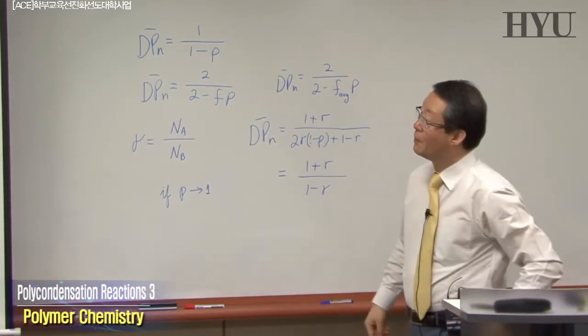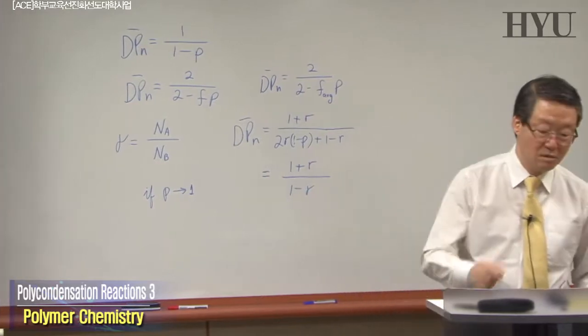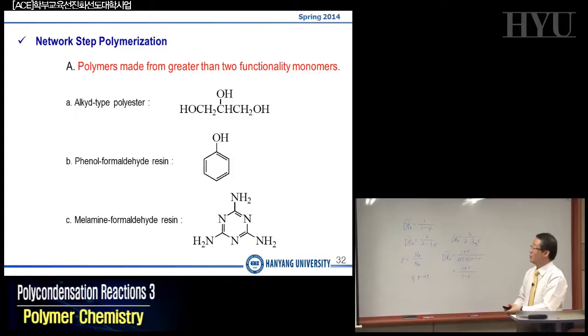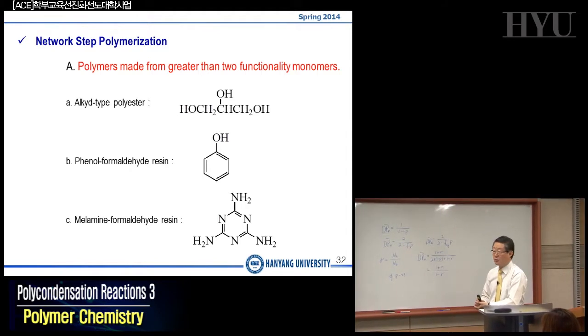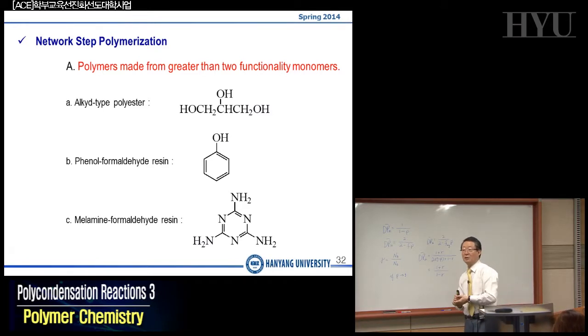Now, this equation can be applied to other network step polymerization reactions. So, for example, we have so far talked about the linear polymers, but you can make cross-linked polymers or network polymers using multifunctional monomers.